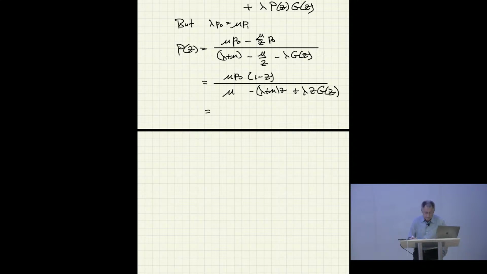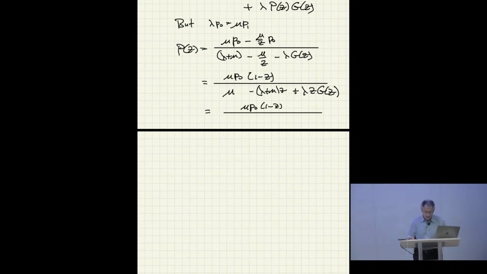And let's do the factoring now. Let me write this down again. Upstairs is mu p0, 1 minus z.